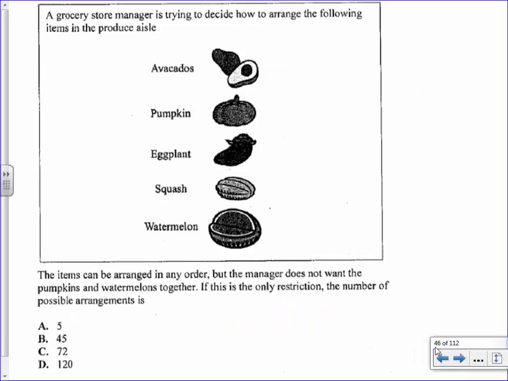Alright, why don't you guys try this one without me walking you through it first? See what you get. This is the most challenging part, is you gotta be able to take this word problem and interpret what is happening.